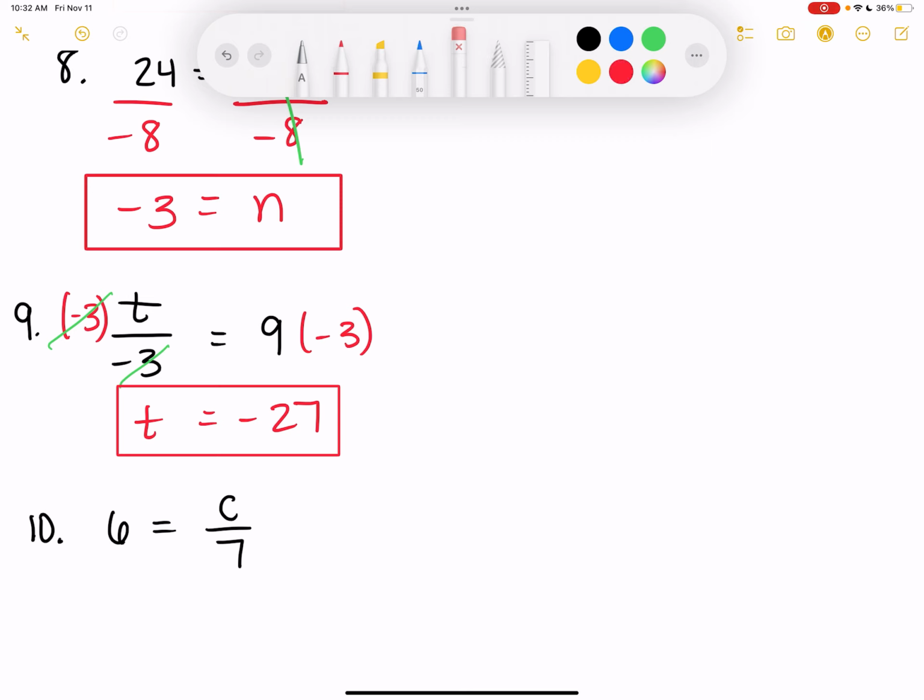Yep. So we multiply both sides by 7. So on the right, my 7's cancel. It leaves you with a c. And then 7 times 6 is what? 42. Yep.